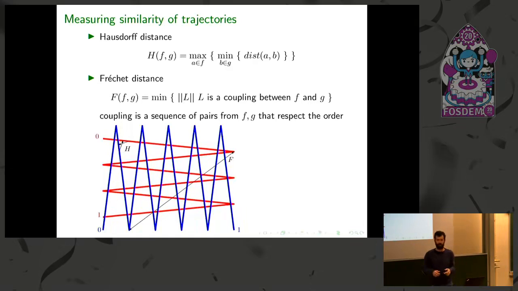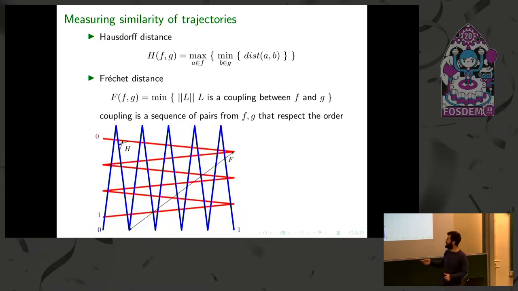Maybe you have heard about the problem of walking your dog. One person is walking on one trajectory, and the dog is on the other trajectory, and you want to find the minimum leash length that you can use to walk your dog. This is actually the Fréchet distance.